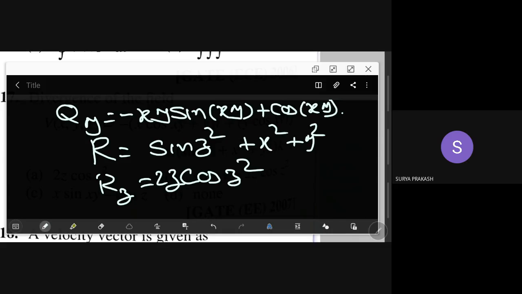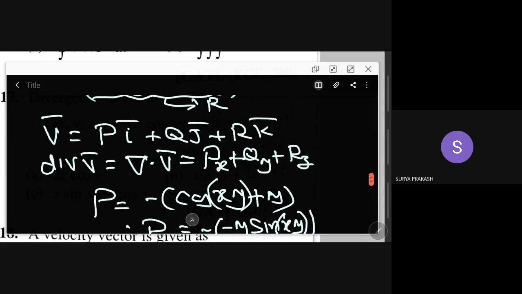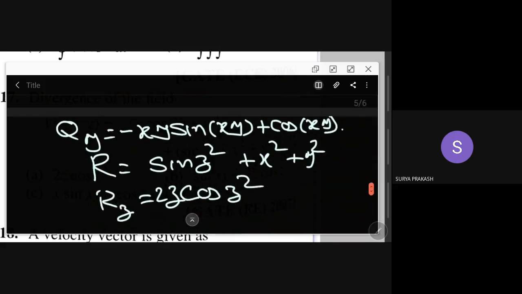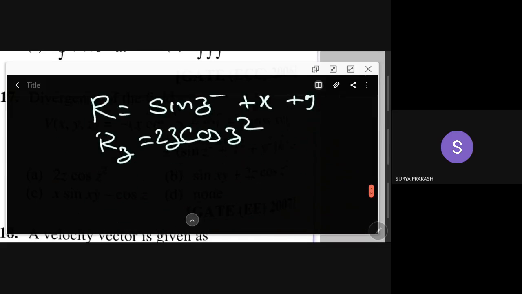Of course, x square and y square are free from z, therefore their derivatives with respect to z is 0. Now we have to add these three things: Px, Qy, and Rz. That is why we call divergence of V bar Px plus Qy plus Rz.